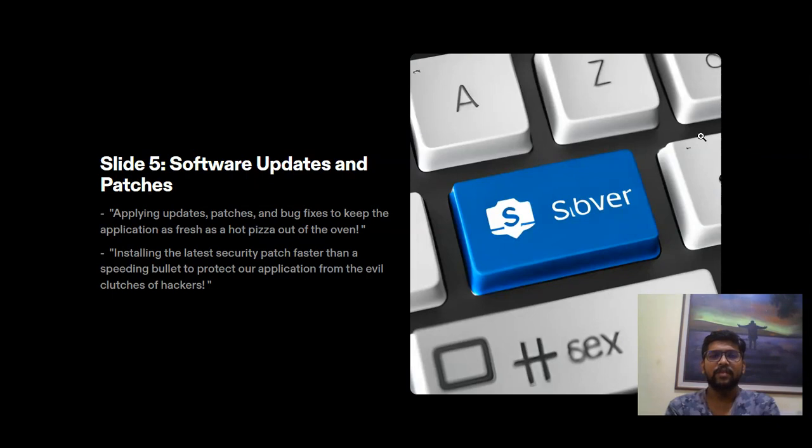Next is software updates and patches. Applying updates, patches and bug fixes is the next responsibility of an application support engineer. Installing the latest security patch faster than a speeding bullet to protect our application from the evil clutches of hackers.